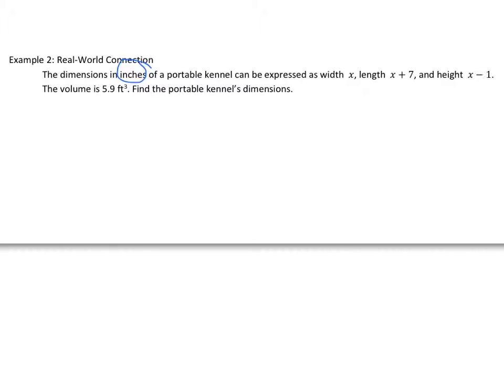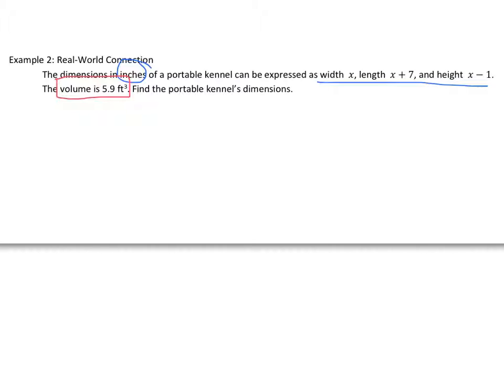Alright, all that seems important. Just underline it. The volume is 5.9 feet cubed. Also seems important. Find the portable kennel's dimensions.